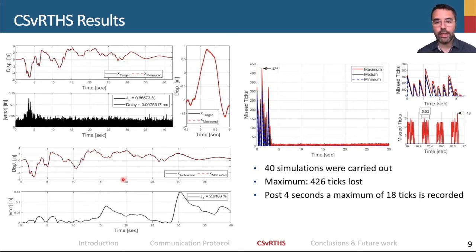And we can see that from 0 to 4 seconds of the simulation, we see the maximum number of ticks or data loss, which is not going to be higher than 426 on average.